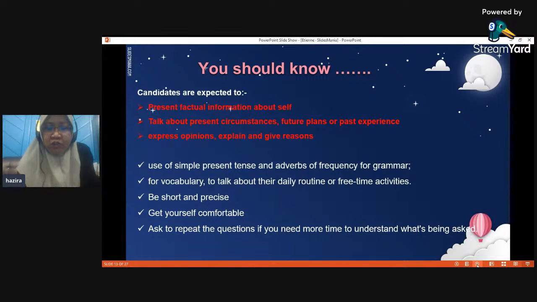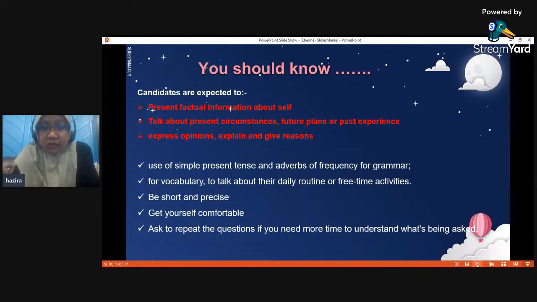For this task, you should focus on the use of simple present tense and adverbs of frequency for your grammar, and for your vocab, you should be able to talk about your daily routine or free time activities. Be short and precise while answering this part, since long elaborations are not needed for this task.